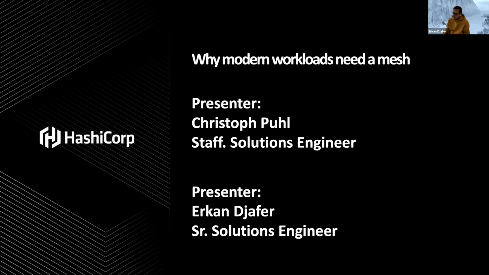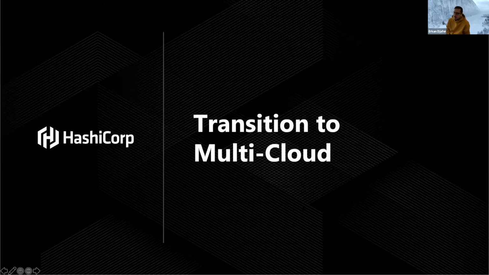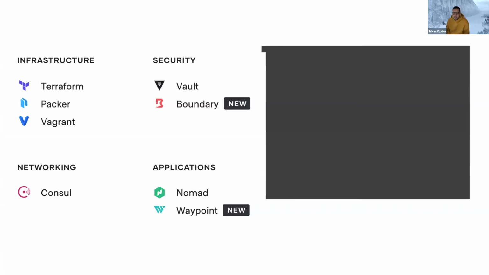But prior to that, we're going to talk a little bit about why HashiCorp actually exists. If you look at how organizations transition today, it's becoming more and more complex in terms of the amount of clouds and how to consistently manage those. Looking at what HashiCorp does today, you have a broad set of tools available across this transition.